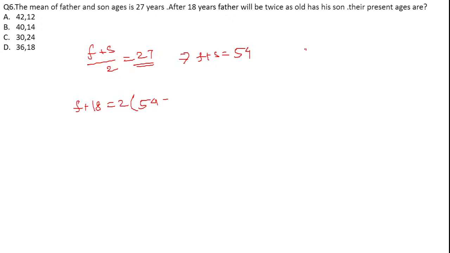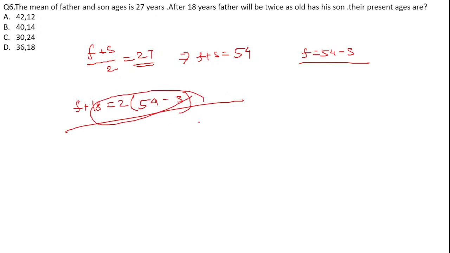So father's age will be 54 minus s, so we can write it here like this. This equation you have to solve, and using this you can find the age of father and son. So take this question as homework, and if you have any doubt, please ask me in the comment section.